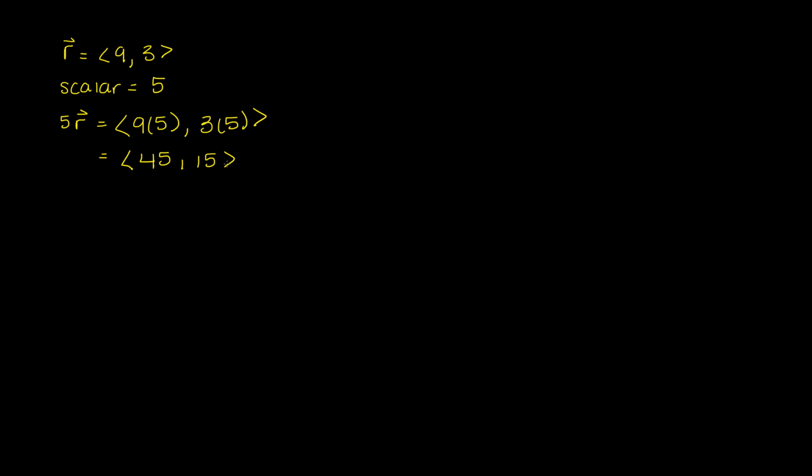So now let's look at the magnitude. What we're going to find is that the magnitude is going to increase by a factor of the scalar. I'm going to do it two different ways. First, 5 times the magnitude of my vector.